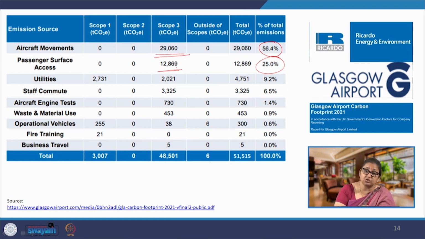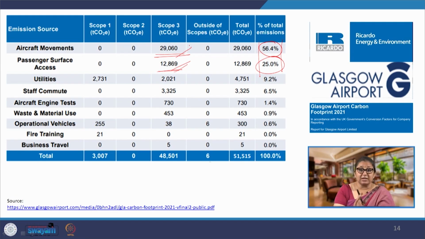Passengers commuting to and from the airport is passenger surface access. So, this is again scope 3. Both of these are scope 3, not under the direct control of the airport. Of course, part of it, for example passenger surface access, can also be influenced through large scale design.